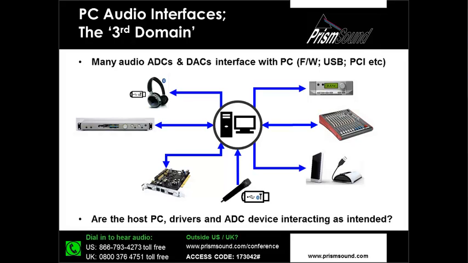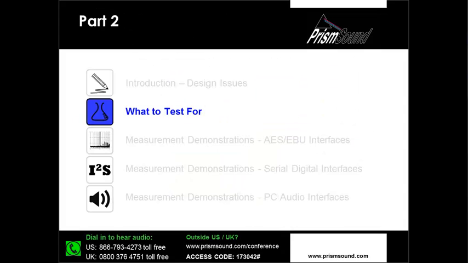And we may want to check whether the host PC, the drivers, and the converter device are all interacting together in the expected way, or whether there are any other unintended consequences of our design that may need attention.